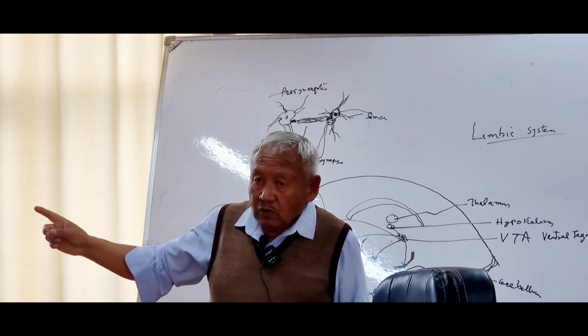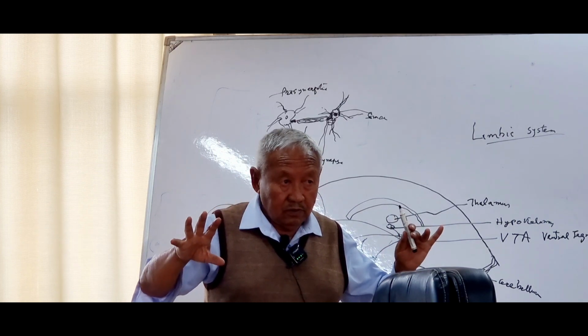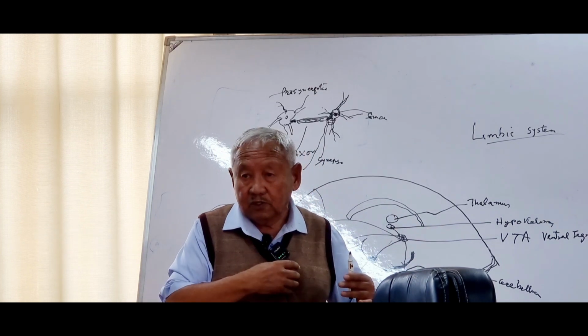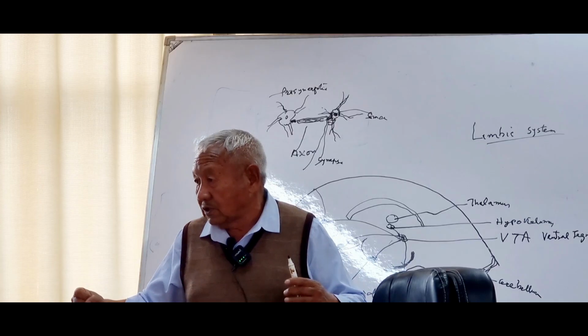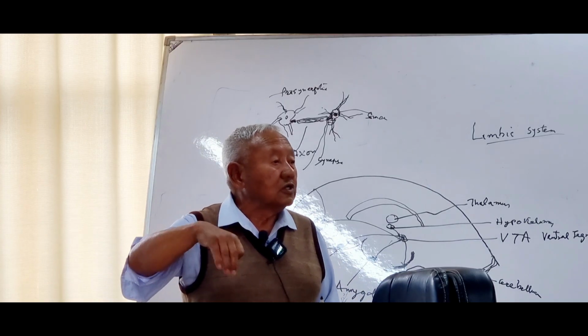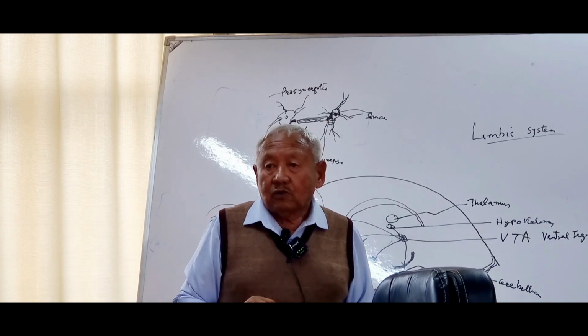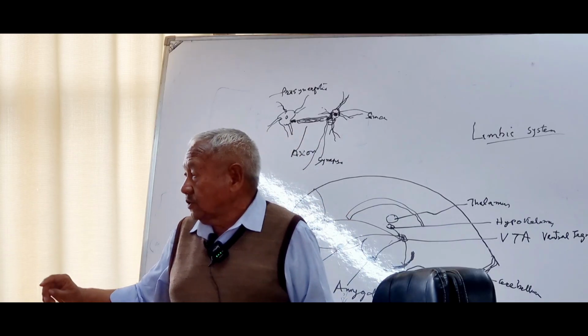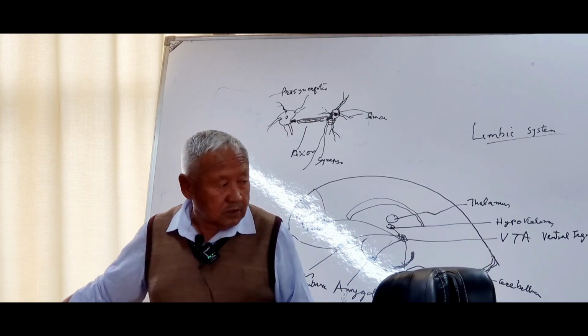So all that we are doing, I'm talking, my heart is beating, I'm moving my hands and other things, is all because of the neurotransmitters. Now there are a number of neurotransmitters. Now we can go to the other part.